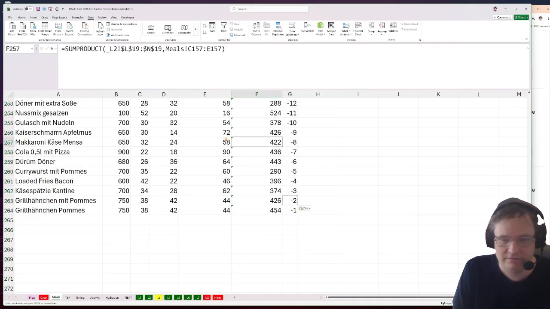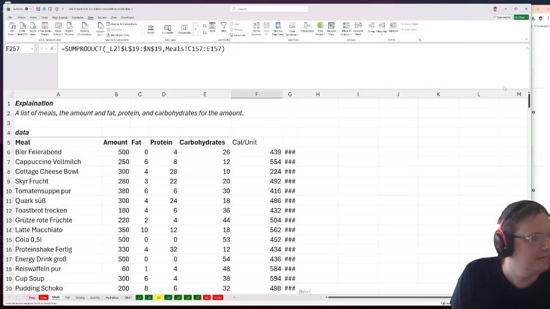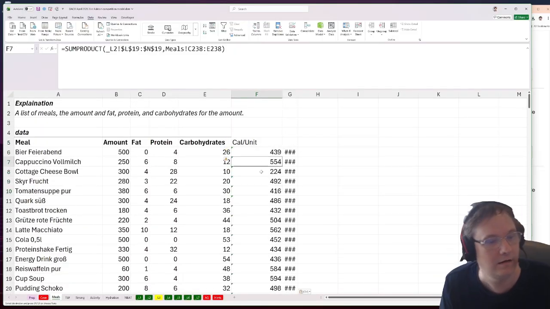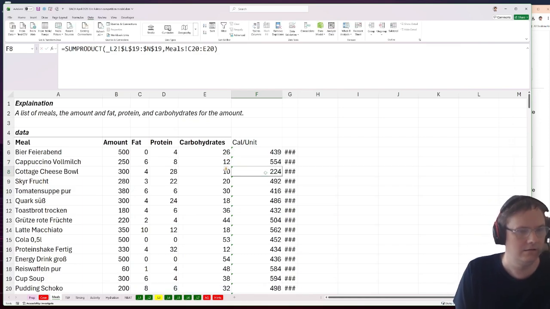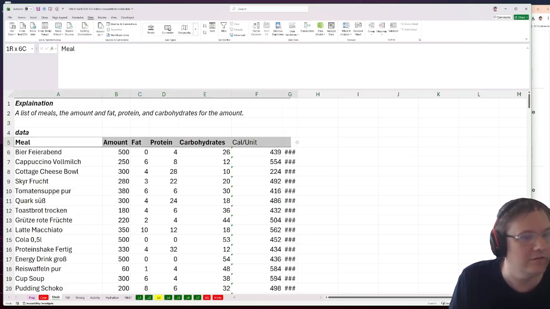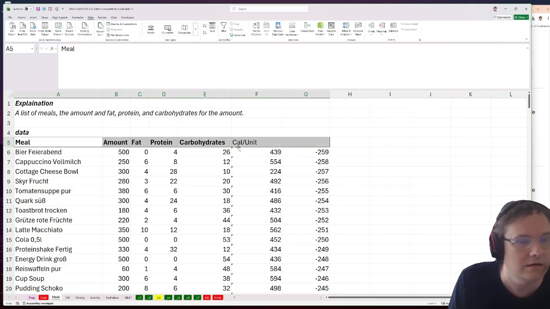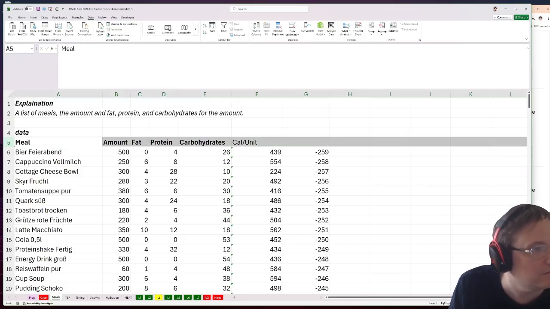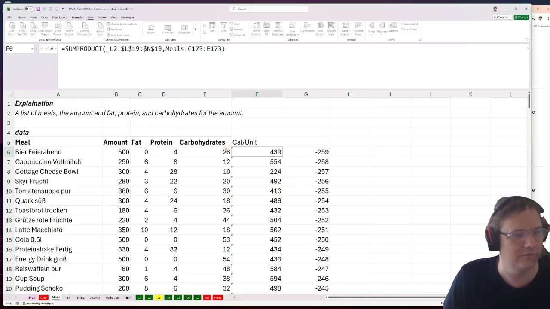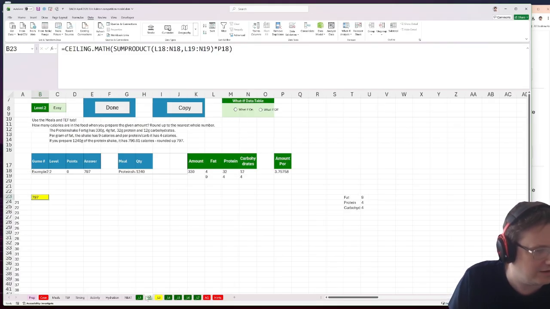Is this still sorted correctly? No, this is not sorted correctly at all. This has gone bonkers. Okay, calories per unit, because of this coming from L2, was a problem.